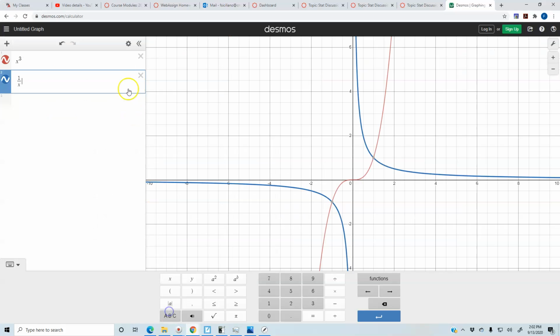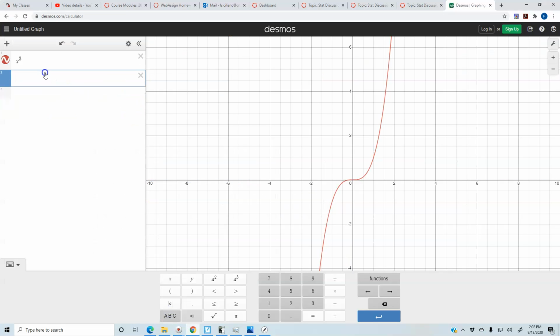So let's take a look at that again on Desmos. If we have a negative applied to the input and then raise that to the third power, we can see what's happening now. The original graph is in red, and now we can see it's reflected horizontally according to the y-axis.